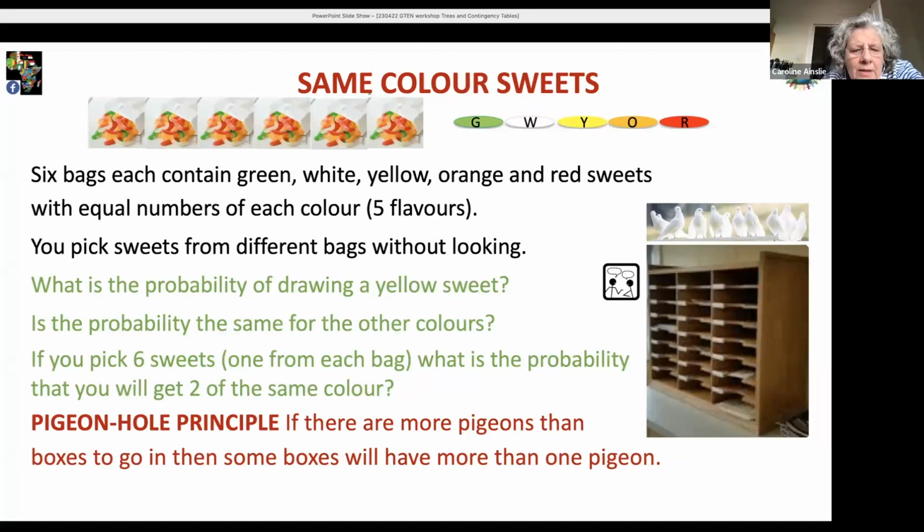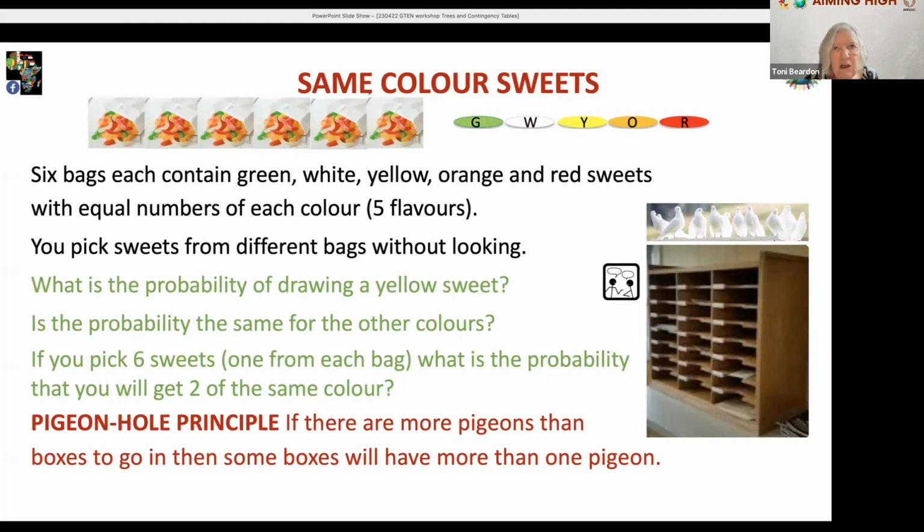Nelly, see where it says all the sweets have the same probability in each bag? But let's look at this pigeonhole principle. Supposing the pigeons have to go into the boxes, and there are more pigeons than boxes, then some boxes will have more than 1 pigeon. I think that is obvious and common sense, and that is a principle.